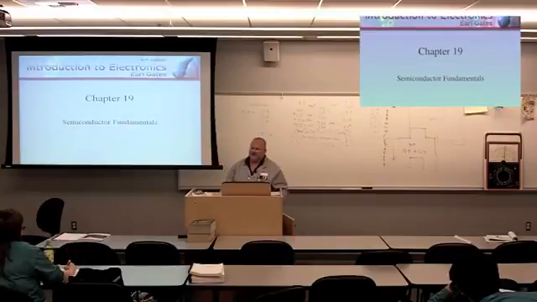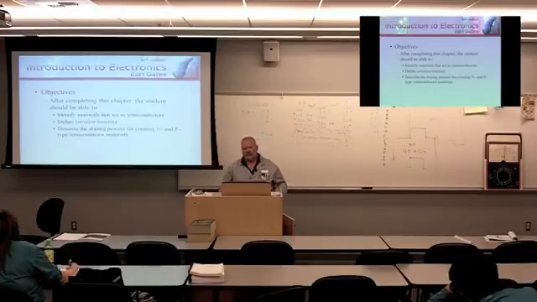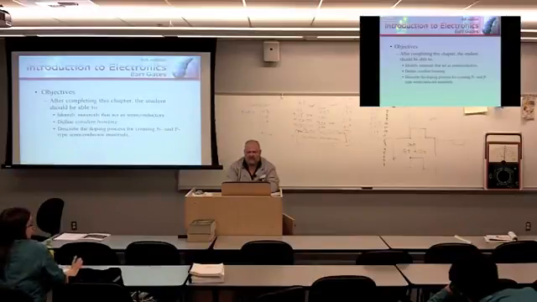Chapter 19, Semiconductor Fundamentals. After completing this chapter, you, the student, are going to be able to identify materials that act as semiconductors. You're going to be able to define covalent bonding. You're going to be able to describe the doping process.